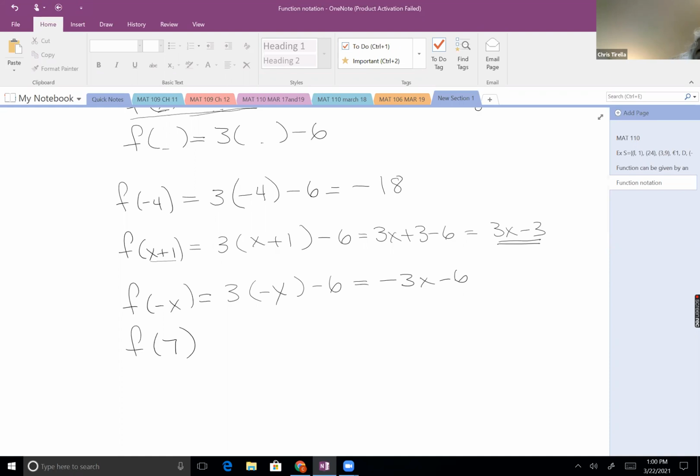And if I have f of 7, that would be, again, the rule is 3 times what's in the parentheses. What's in the parentheses is 7, so that's 3 times 7 minus 6, or 21 minus 6 would give me 15. How is that?